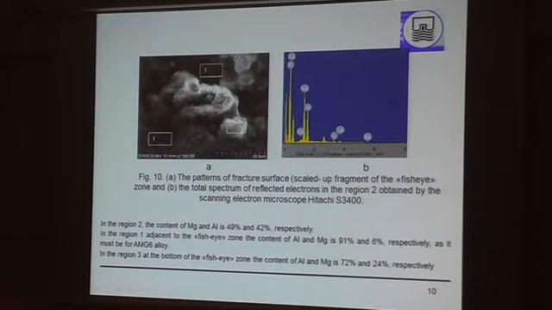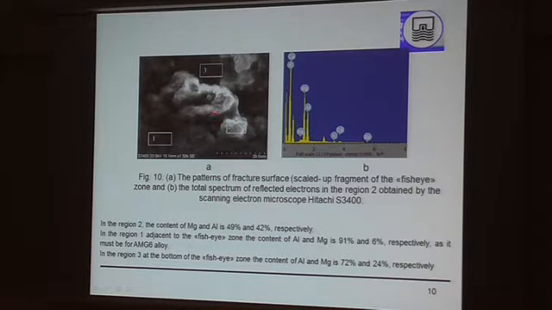The chemical composition of the aluminum magnesium alloy in the fisheye zone we investigated with a Hitachi scanning electron microscope, from the radiation spectrum of reflected electrons using the Inca module. As is evident, the distribution of alloy elements is not uniform.